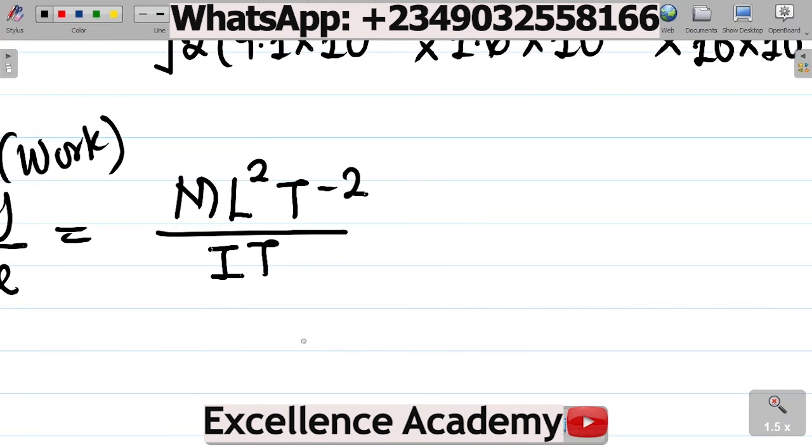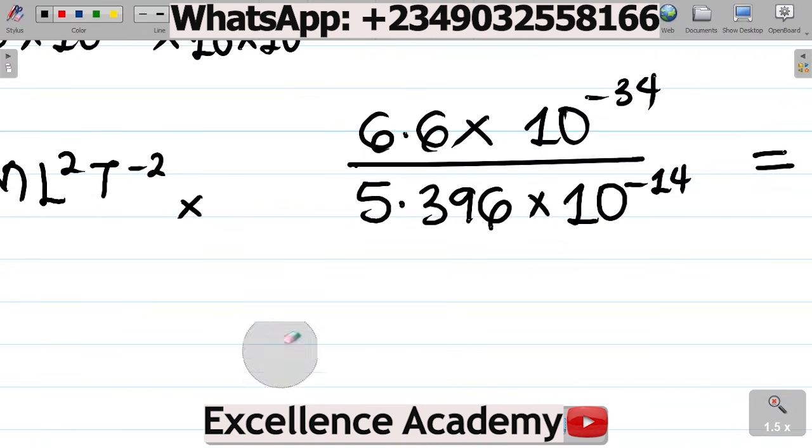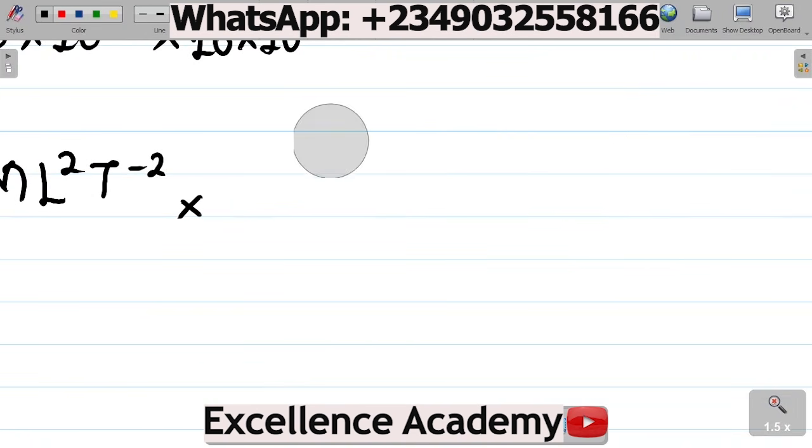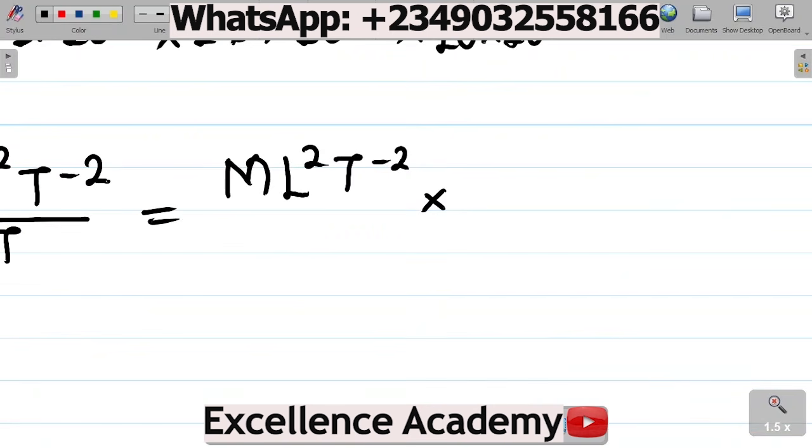If we work on this, taking up the numerator, what we have here is ML squared T to the power minus 2 times, expressing each of these as denominator, that becomes 1 over I multiplying 1 over T.